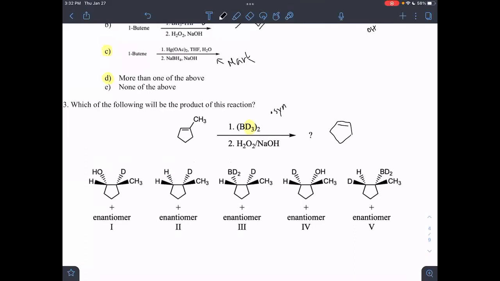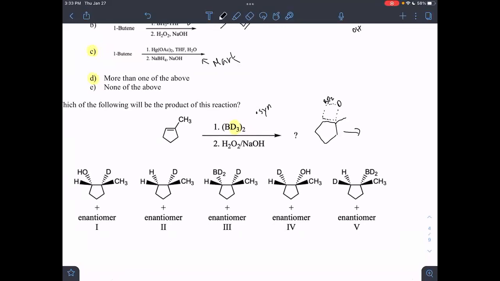So we'll do the two. And then it's gonna attach this way, so it's gonna make this square. And like you said, it's syn addition, so it's gonna end up looking like this. Doesn't matter if it's wedged or dashed, as long as they're both the same. Sorry, Megan, I'm gonna have to erase your arm. Oh yeah, it is.